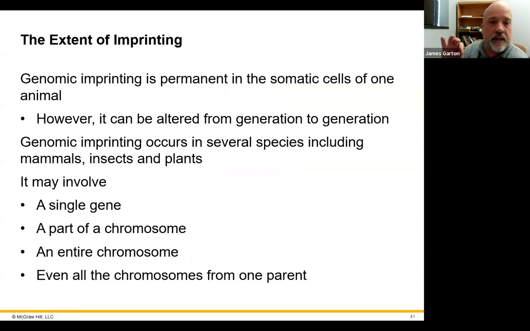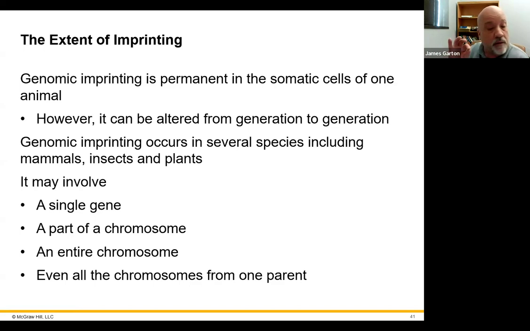Genomic imprinting is permanent in the somatic cells of any given generation. However, this imprinting pattern can be altered from one generation to the next. Imprinting occurs in most species we have examined, and it includes mammals, insects, and plants.